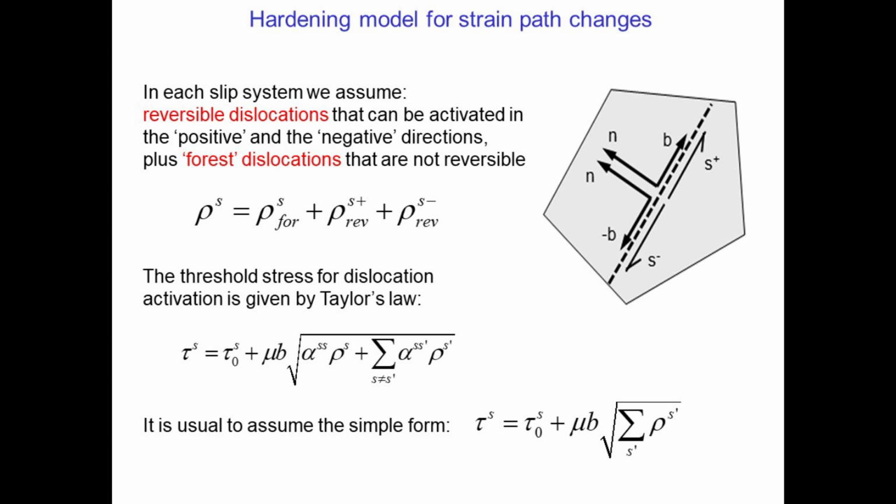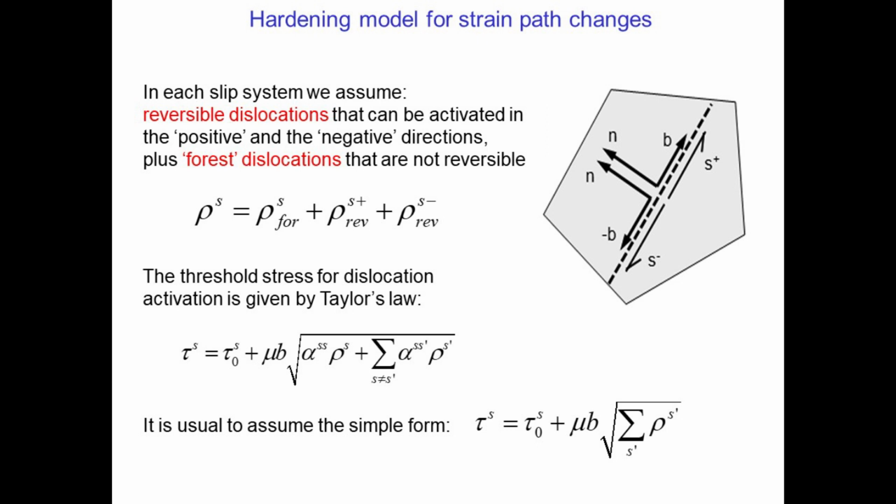So it's the dislocations gliding in the same system; maybe they are going to start cross-slipping, but they usually don't put as much of an obstacle as dislocations that are perpendicular to the dislocation that wants to propagate. And so that's why these parameters are different.